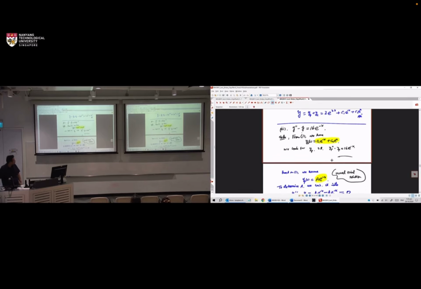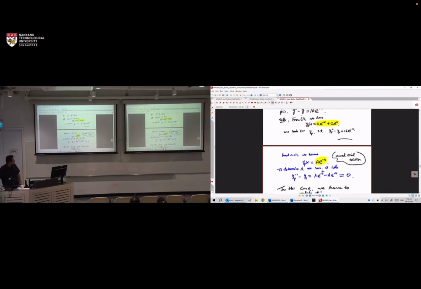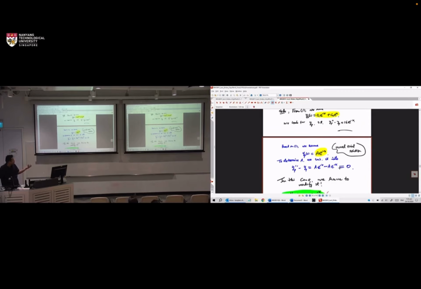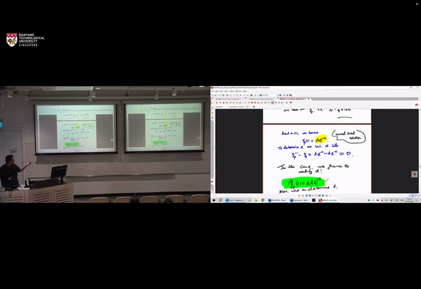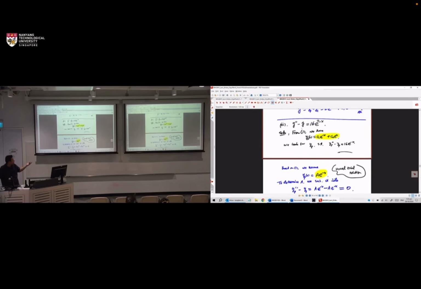Your YP, because we look at here, is 16e^(-x). So our first guess is Ae^(-x). Previously I went through the situation with you that if you forget to multiply by x, when you substitute this particular solution in, you get 0. You don't get back the right hand side.